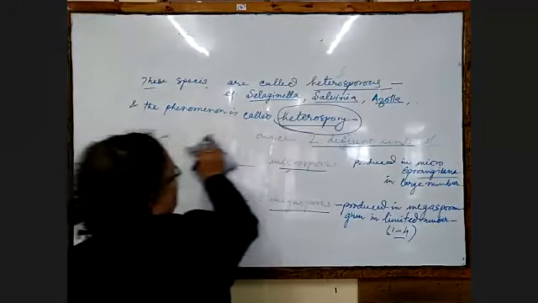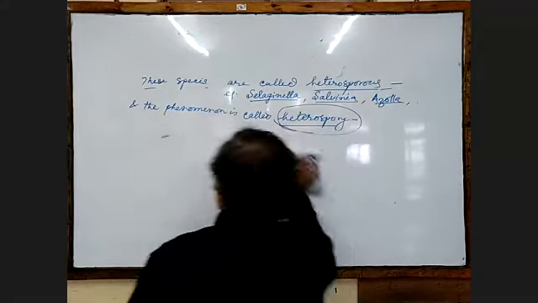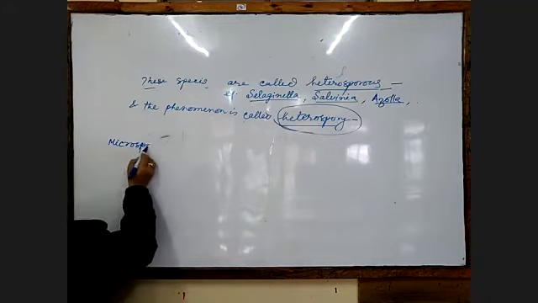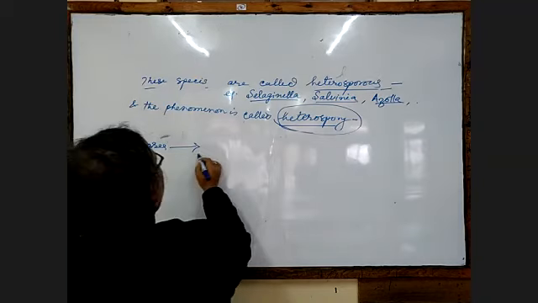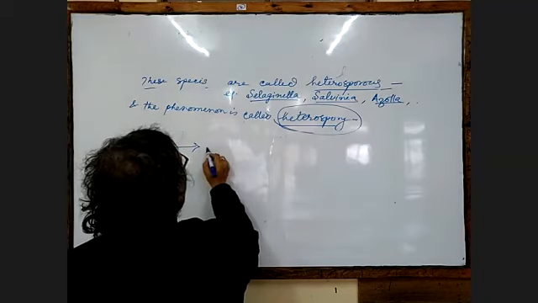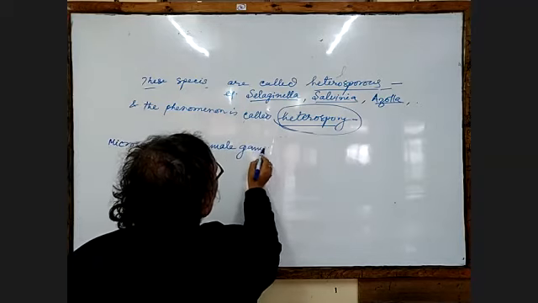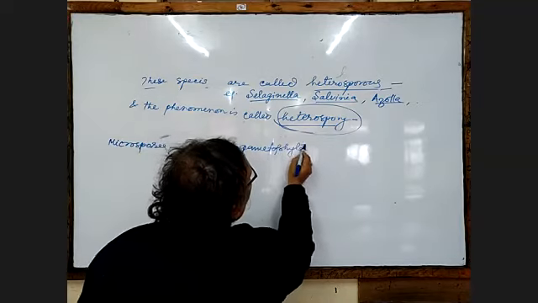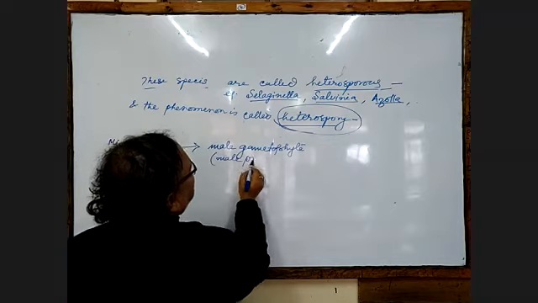Now, what happened? That microspore on germination gives rise to male gametophyte, or we can say male prothallus.